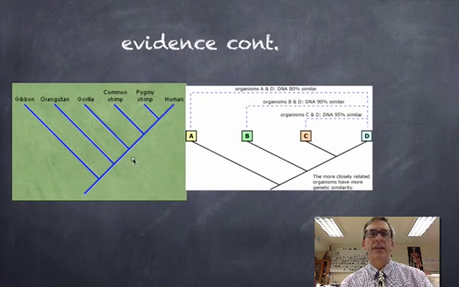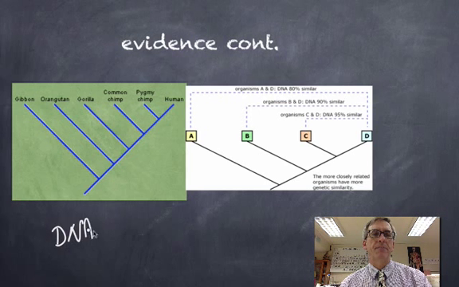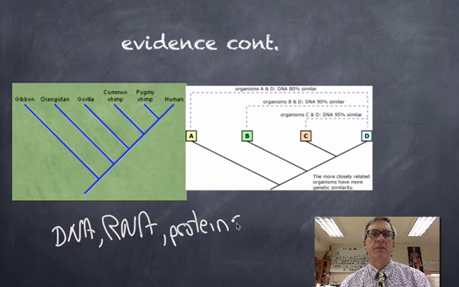But the gold standard of evidence of evolution we can find in molecules. DNA, RNA, and proteins offer us an abundant amount of information about who is more closely related to whom. The more similar the DNA, the closer you will be together on these diagrams. These diagrams are called cladograms, and you can use traits or you can use molecules.